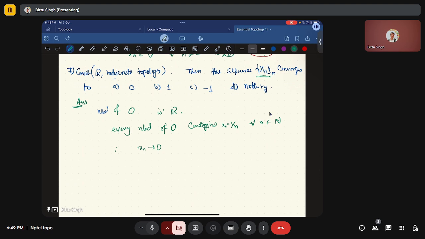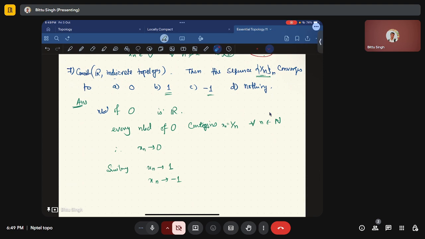And similarly, the same argument can be applied for all those other points. Similarly, xn converges to 1 and xn also converges to -1, because the only neighborhood is the real number R. R contains all those x, right?